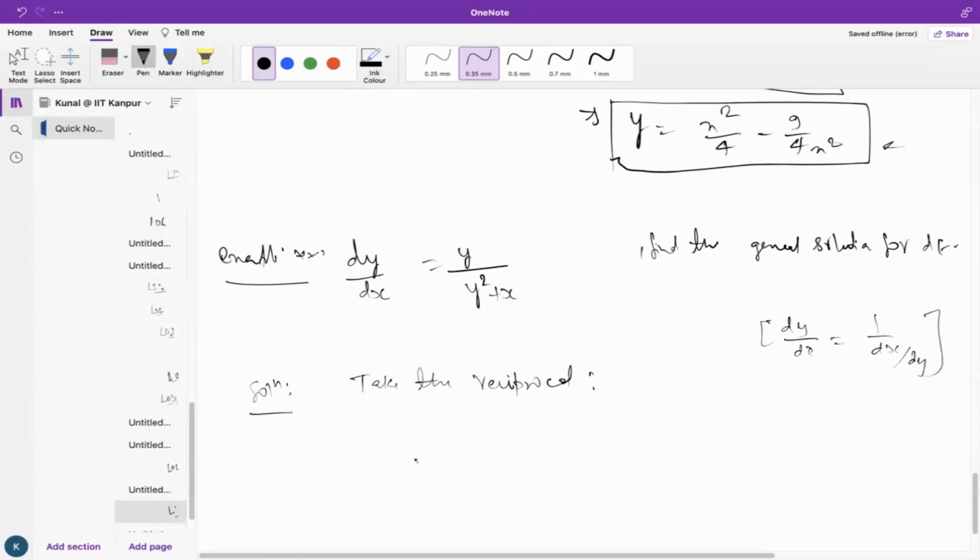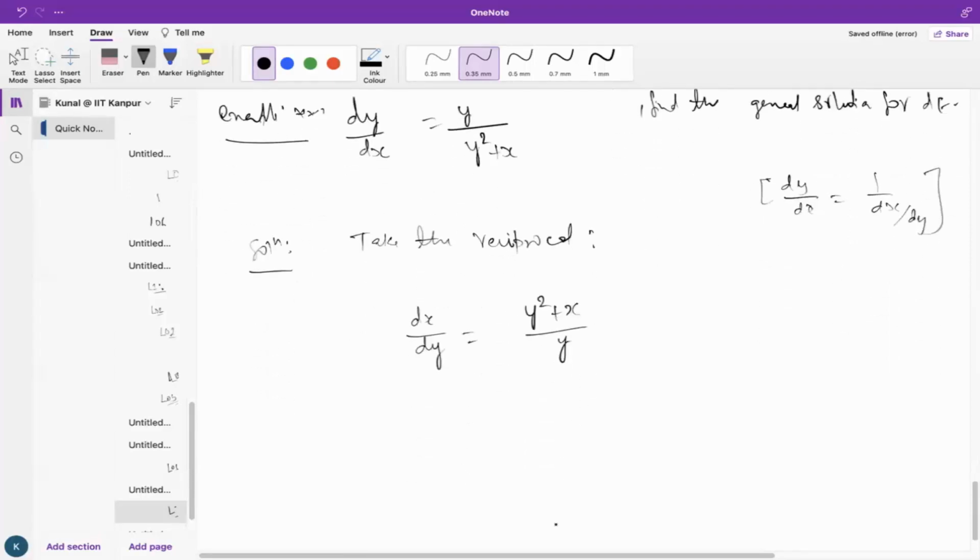So dx by dy is equal to y square plus x by y. That means the numerator becomes the denominator and the denominator becomes the numerator.